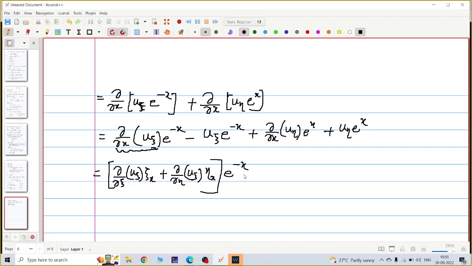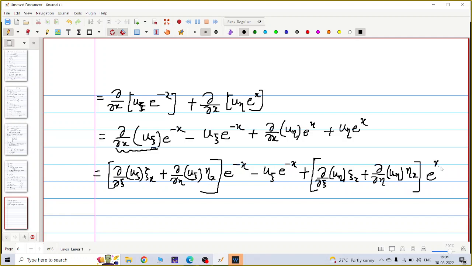Into e power minus x, minus u_xi into e power minus x, plus again u_eta. u_eta is again another function. So this is del xi of u_eta into xi_x plus del eta of u_eta into eta_x, into e power x, plus u_eta e power x. Okay, this line.